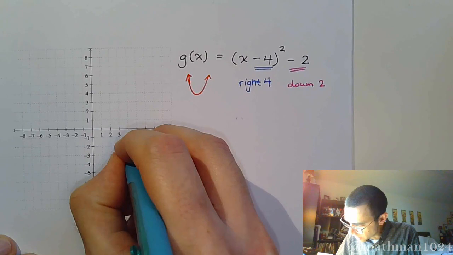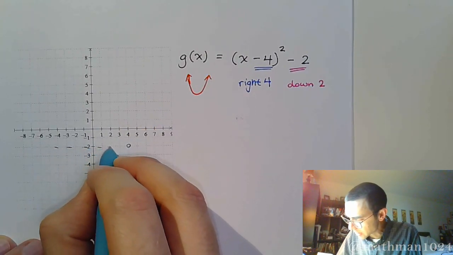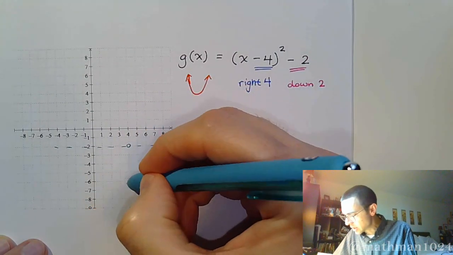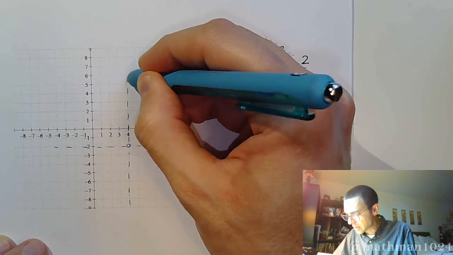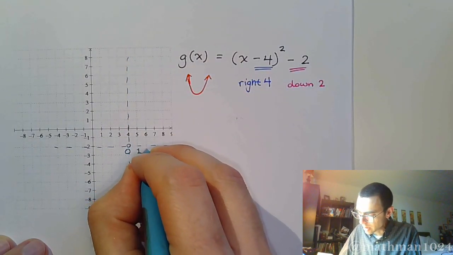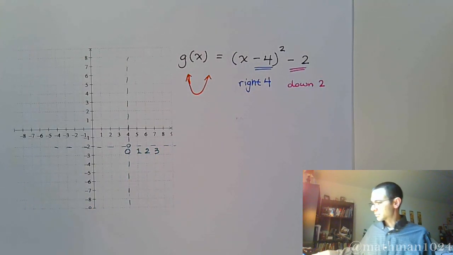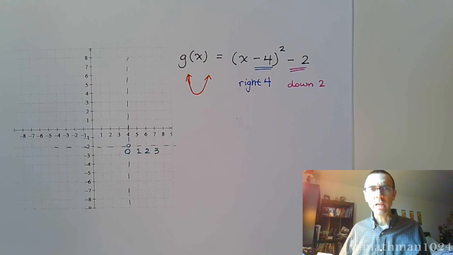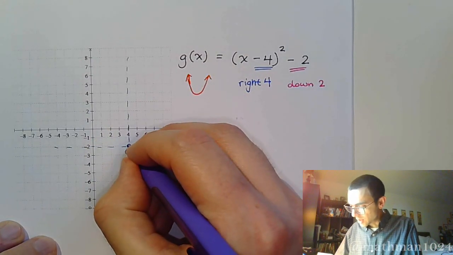So take the parabola. We're going to go to the right 4, go down 2. So this is going to be my new origin. And we're going to dash a new set of x and y axes through this. And we're going to build our points because this is going to be 0, 1, 2, 3, and so on. So think about what we're talking about here. This is the squaring function. 0 squared is 0.